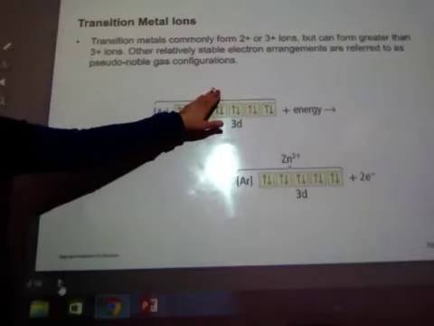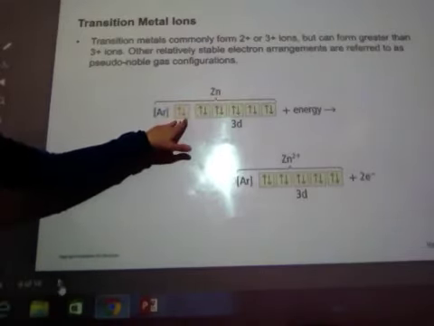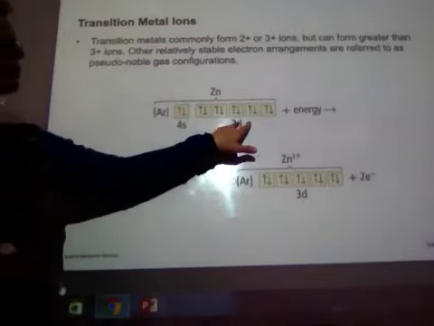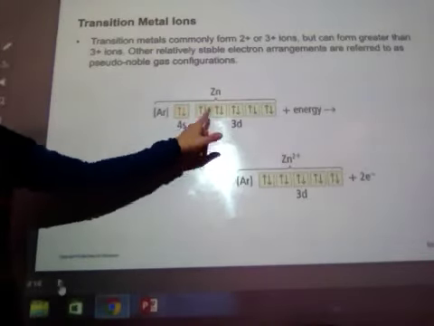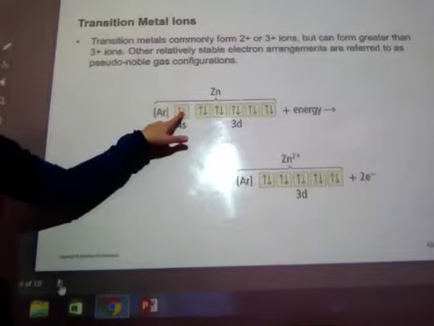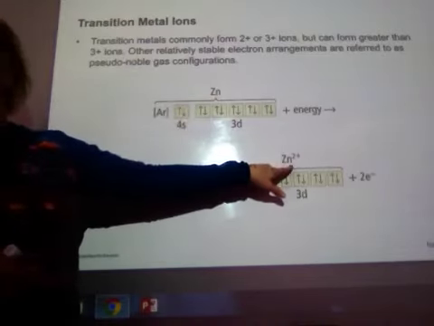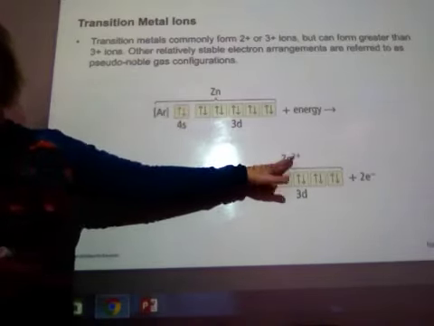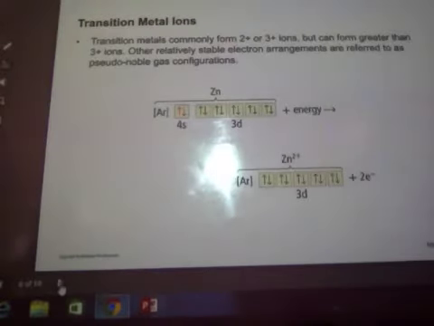So here if I'm looking at zinc, zinc is 4s2, 3d10, the D is full, it's going to leave those two. So in that case, zinc would have a +2 charge.